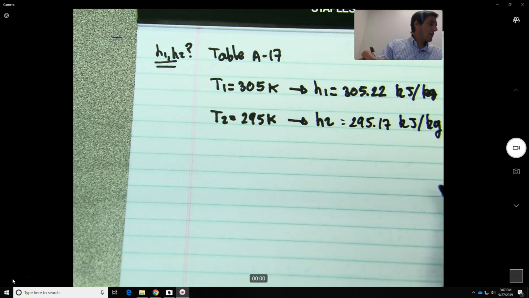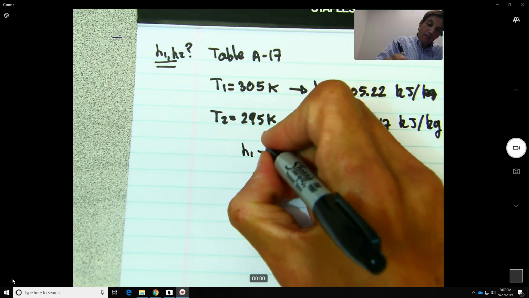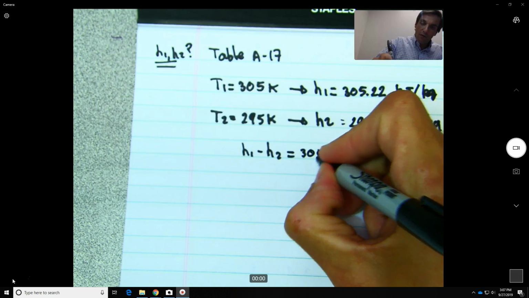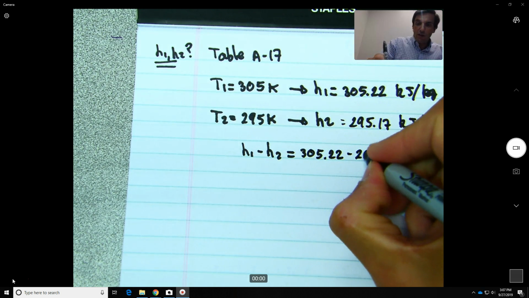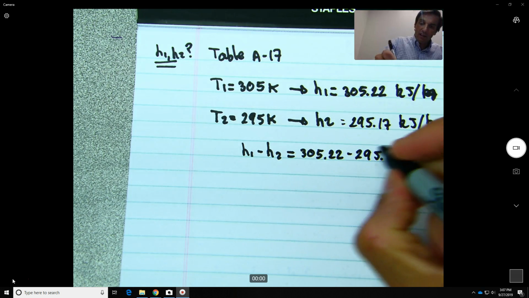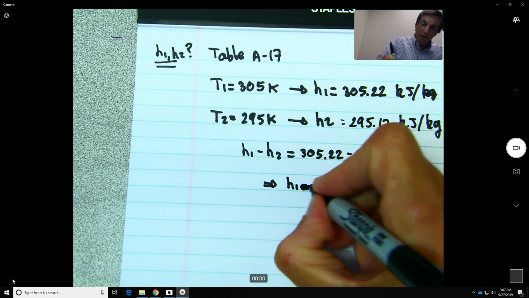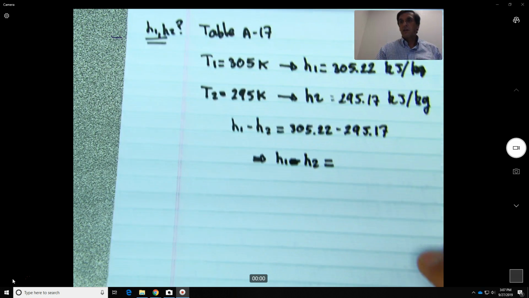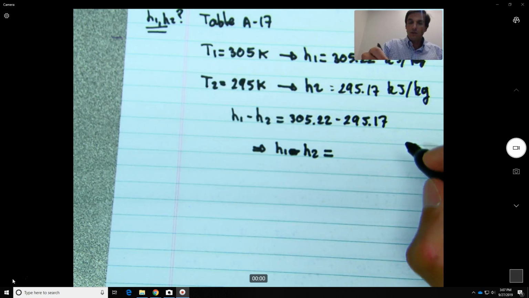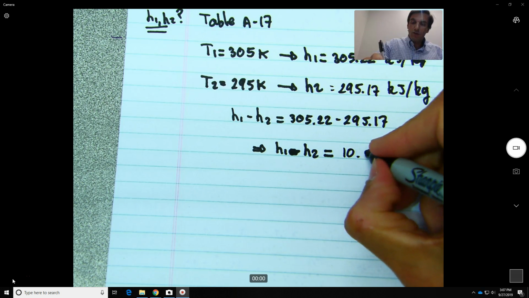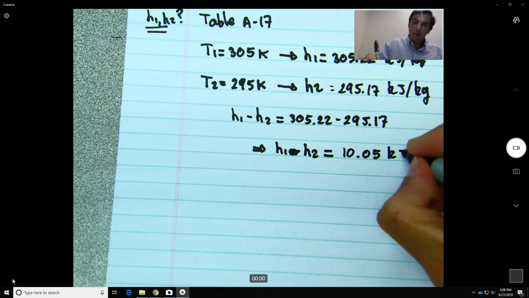So we need to find the relation, which is H1 minus H2 will be equal to 305.22 minus 295.17, which would give you H1 minus H2 equal to 10.05 kilojoules per kilogram.